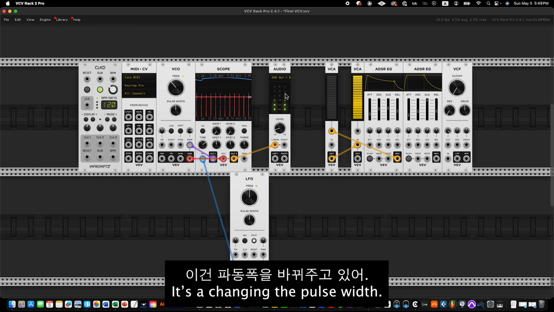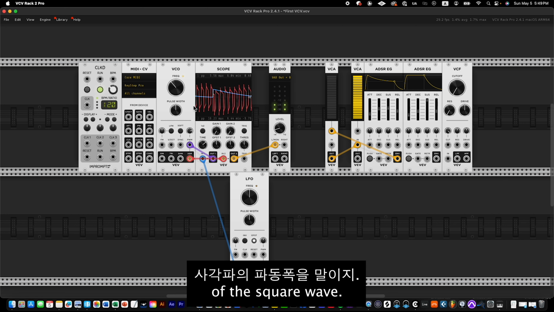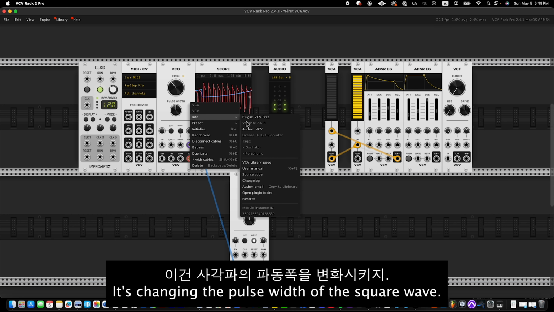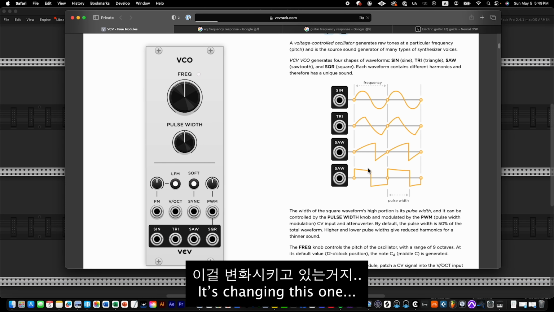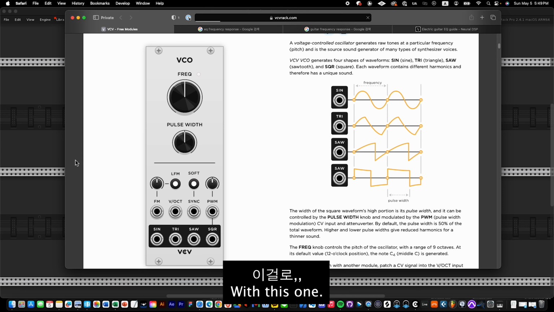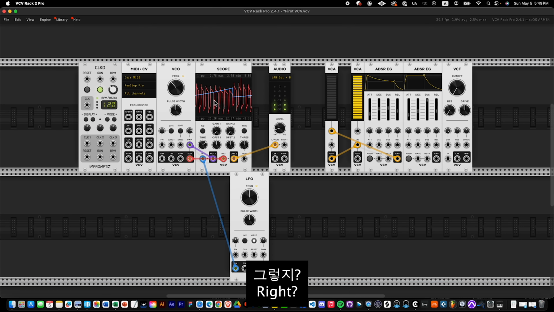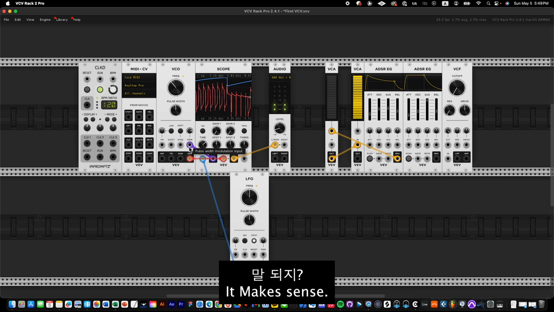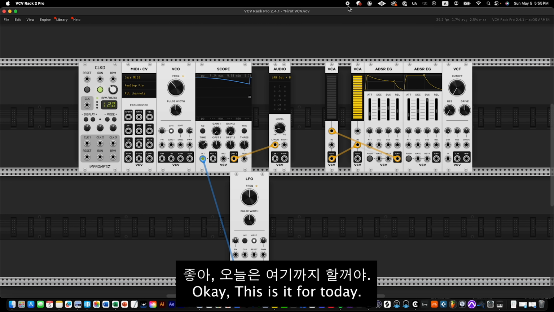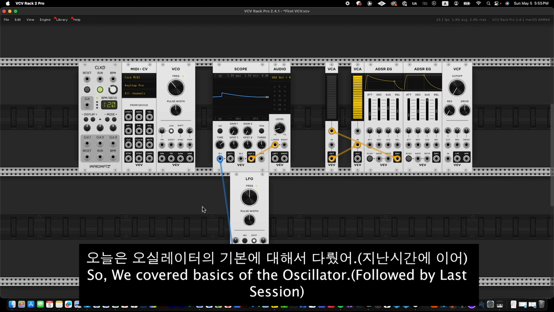It's changing the pulse width of the square wave. It's changing this one with this one. Makes sense, right? Okay, this is it for today. So we covered the basics of the oscillator. Thank you.